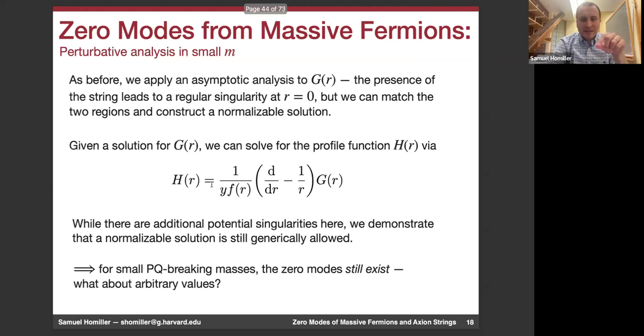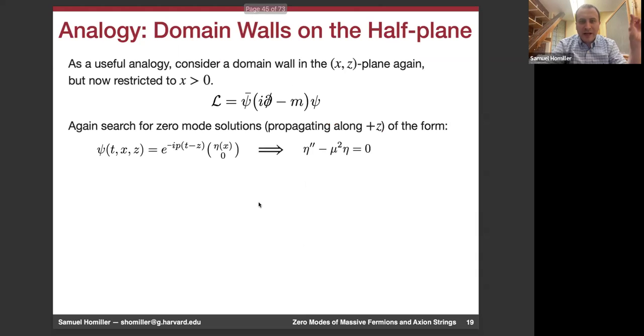First, this picture that I gave you for this asymptotic analysis is not particularly illuminating, but I can give you another analogy, again appealing to a domain wall, as to why it makes sense that these solutions might still exist. So now I'm going to consider the same kind of domain wall again in 2+1 dimensions. But instead of having the domain wall approach a positive m at plus infinity and minus m at minus infinity, I'm just going to restrict to the half plane and only think about the theory for x greater than 0.